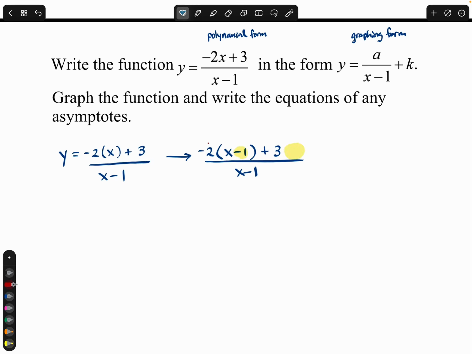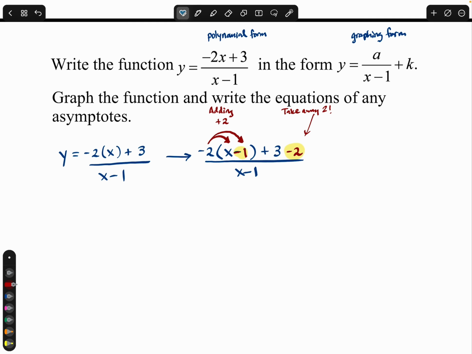We'd have to distribute this negative 2 through. When I do negative 2 times negative 1, I'm actually adding 2, which means I've got to subtract 2. So we're going to do minus 2 right there, and that balances it out.